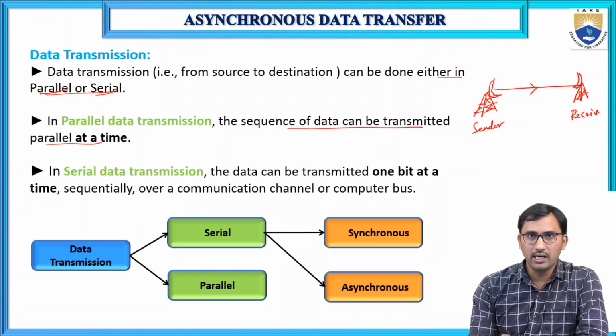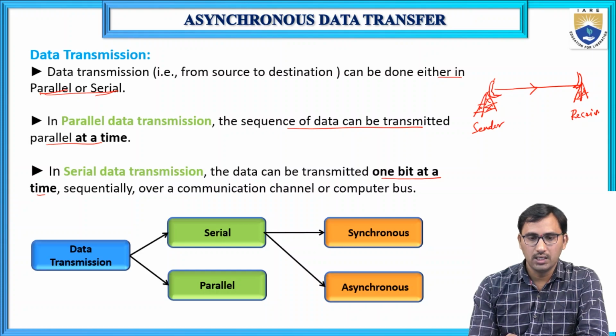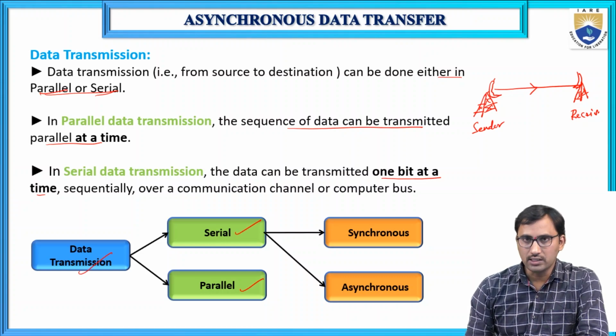Whereas in the serial data transmission, the data can be transmitted one bit at a time. That means bit by bit we are transmitting the data from the sender to the receiver. So data transmissions are two types: parallel data transmission and serial data transmission.